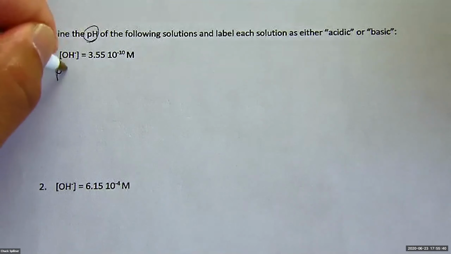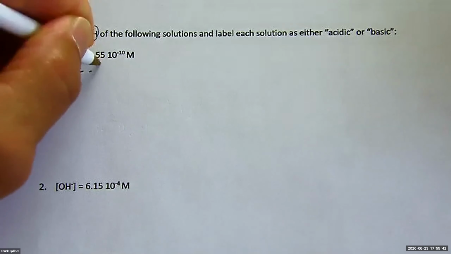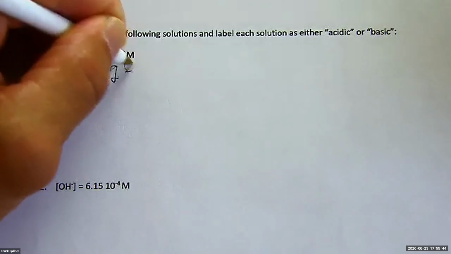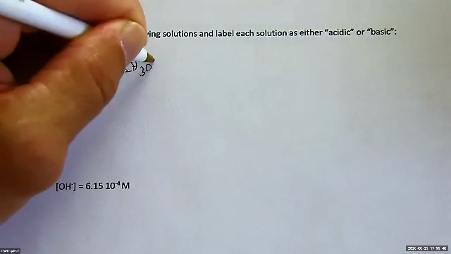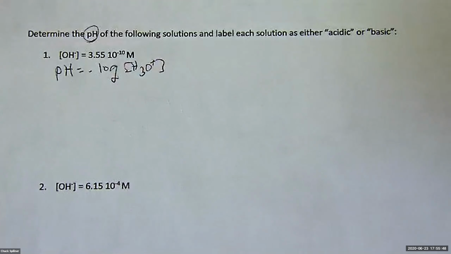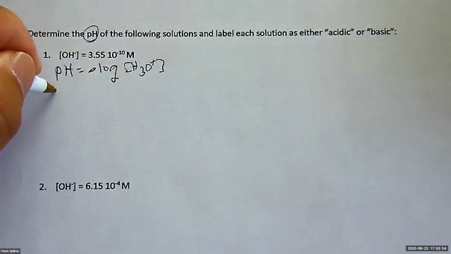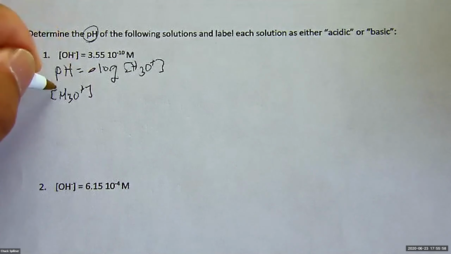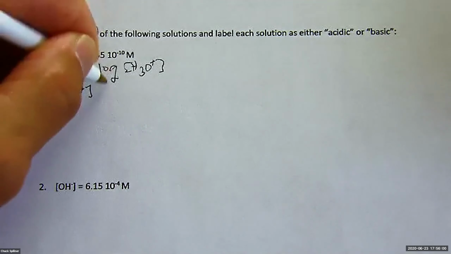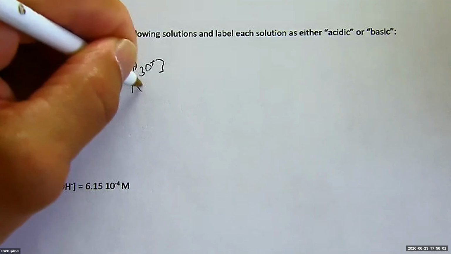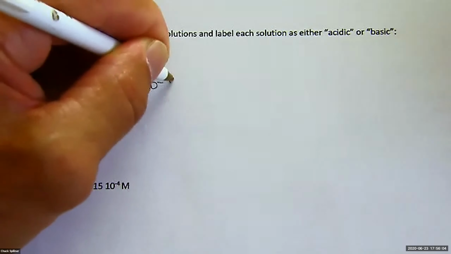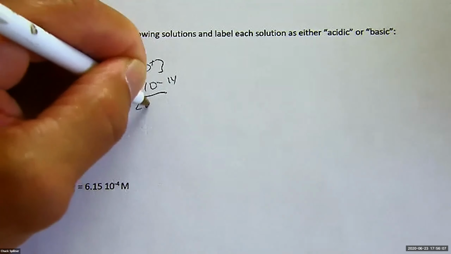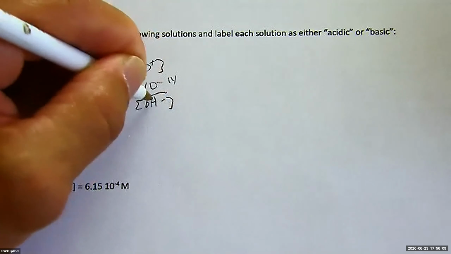So the pH is minus the log of H3O plus. You can use H plus instead of H3O plus, that's okay. But we know that H3O plus, this is just a different tack, a different way, is equal to 1 times 10 to the minus 14 divided by hydroxide ion.